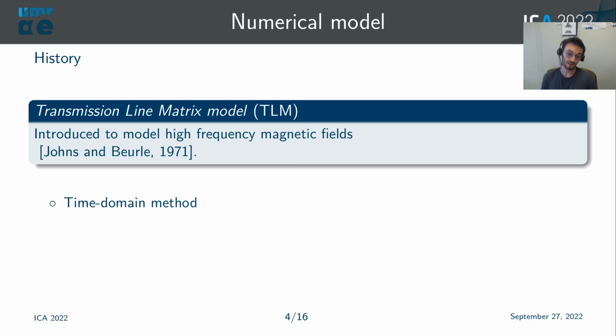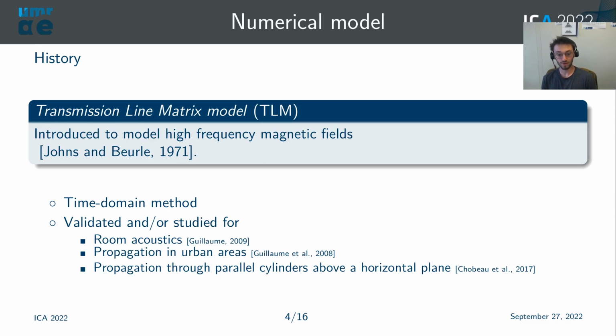It's a time domain method, and in our lab it has been validated and studied for room acoustics and propagation in urban areas, and the last PhD student who worked on it did propagation through parallel cylinders above a horizontal plane, because he wanted to compare his modelization to lab simulation of trunks, but perfect cylinders in this case.